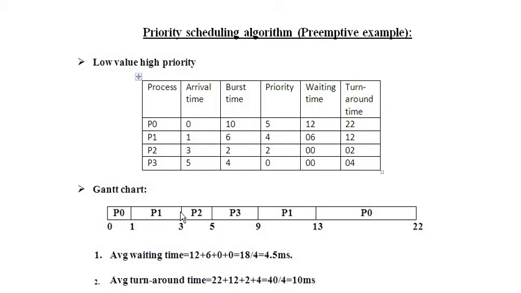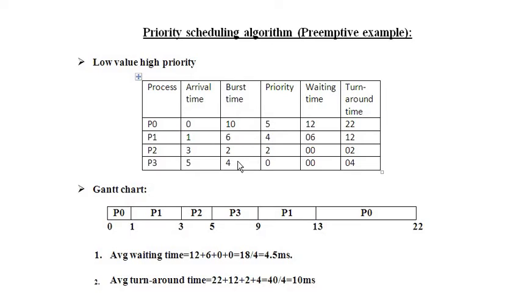P1 started execution, then at the 3rd millisecond P2 arrived. When we see the priority column, P2 is of higher priority than P0 and P1.